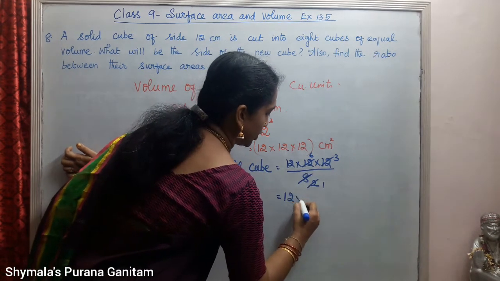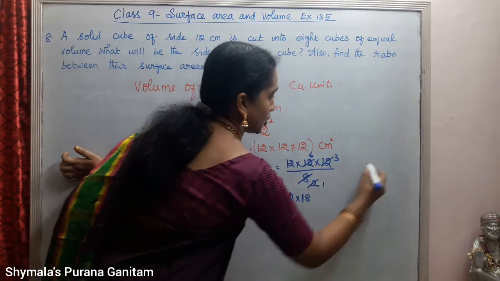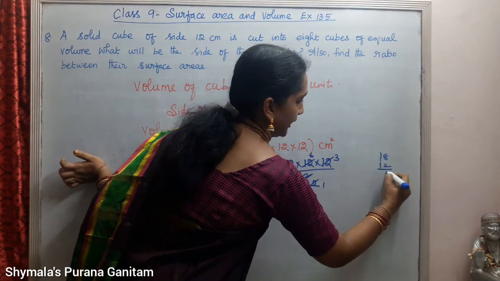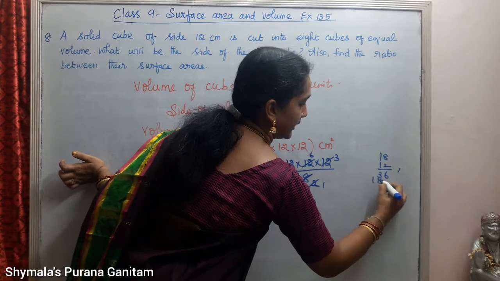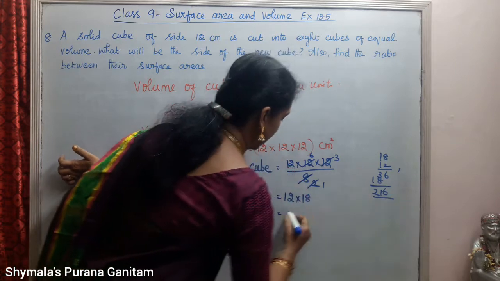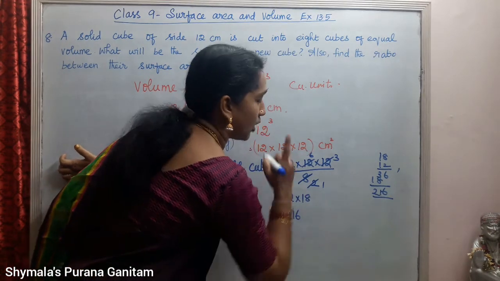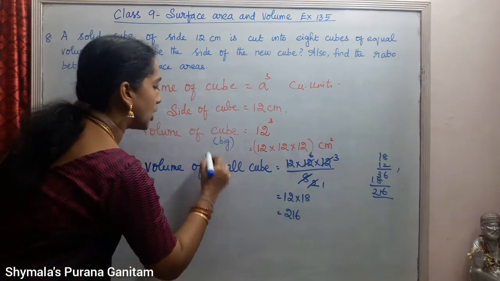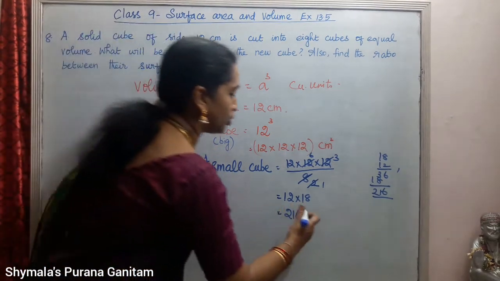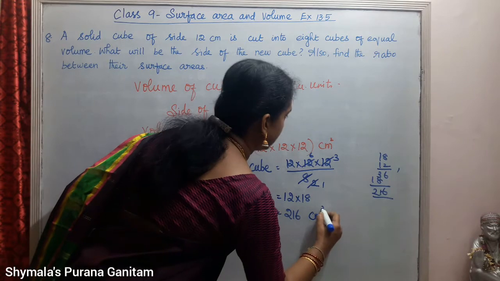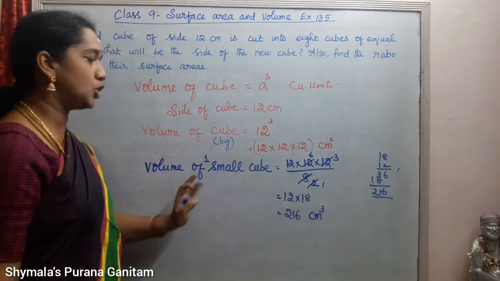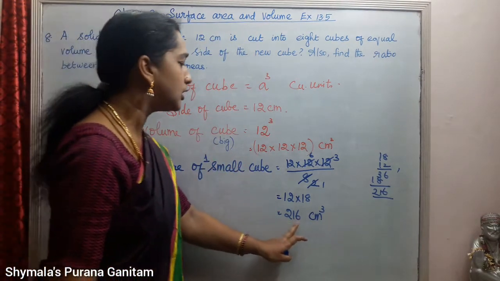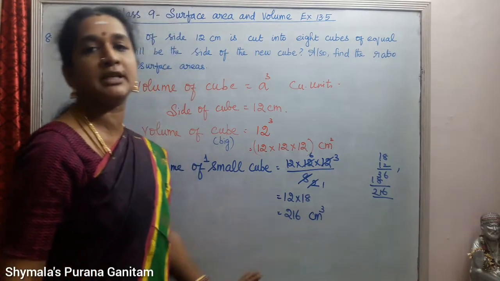So 12 into 6 3s are 18, 18 into 12, 8 2s are 16, 3, 18, 2, 1, 6. So the volume of one small cube is equal to 216 centimeter cube.